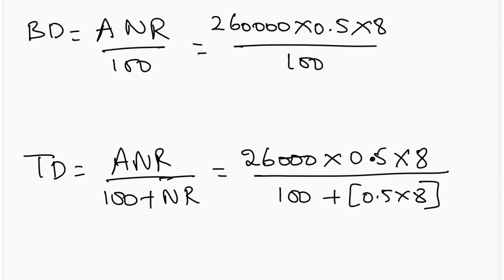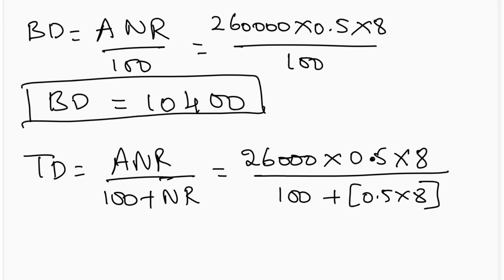We just found out n and r from the given data, so we substitute in this formula. BD is ANR, 2,60,000 into 0.5 into 8 divided by 100, so you will get 10,400. So that is banker discount. And TD, by simplifying, you will get 10,000.